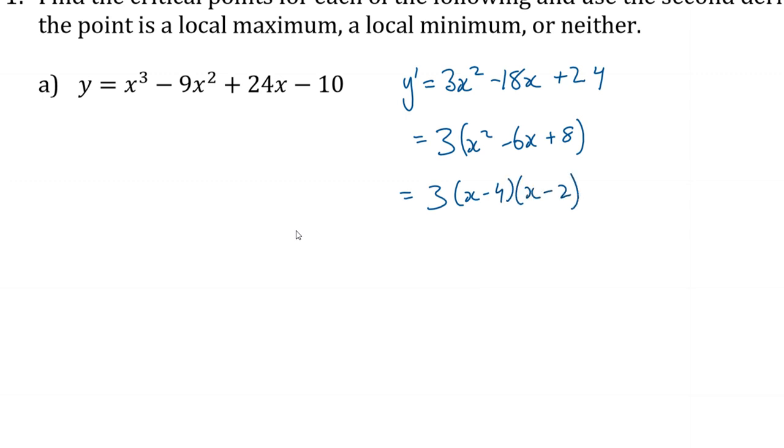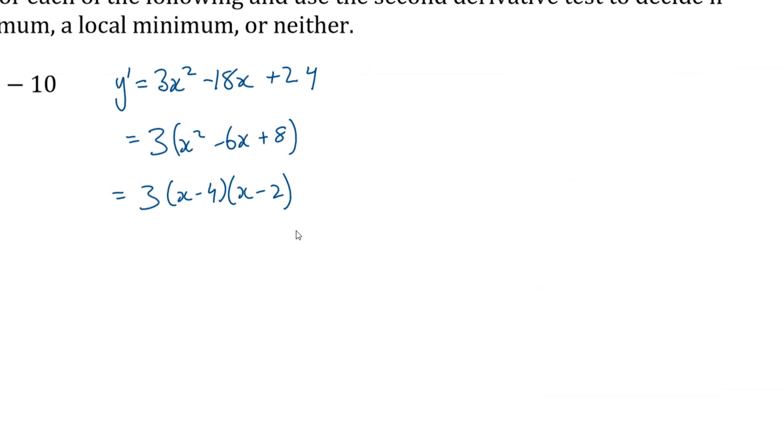Okay, done. Next thing, find the second derivative. The second derivative is y with 2 tick marks, just like I did f with 2 tick marks in the last one. Take the derivative of the derivative: 6x minus 18. Factor that as well.